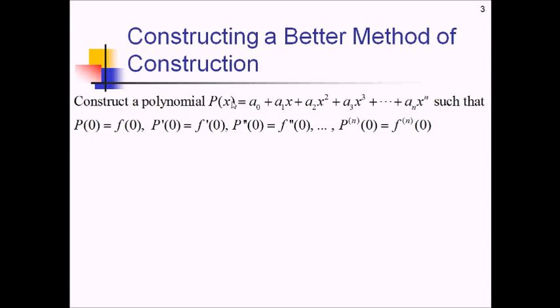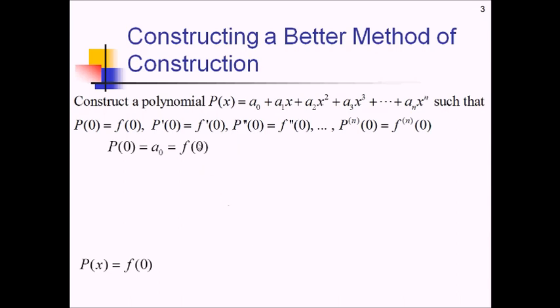So p of 0 is just going to be this a sub 0 term here, which means since p of 0 and f of 0 match up, this a sub 0 value is going to be whatever f of 0 is. Again, I didn't give you a specific number, but there's some function where you could presumably figure out what f of 0 was and actually put a number in here. So a sub 0 then is going to be f of 0. That's going to be the first term of your polynomial when you write it out, whatever the function value is at 0. Great. We need the rest of the polynomial, though.